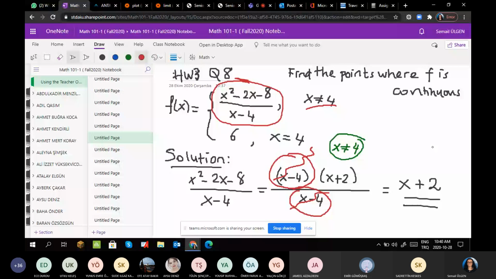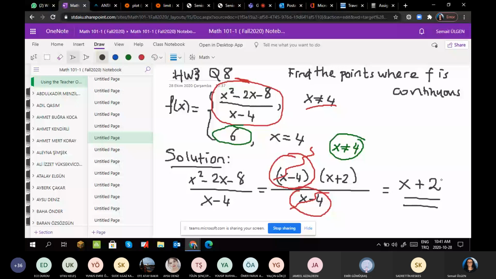And then at x equal to 4, they define it as this green color, which is 6. They define it as 6. We have to check whether at x equal to 4, this is also 6. If you plug in x equal to 4, do you get a 6? Yes, you do.